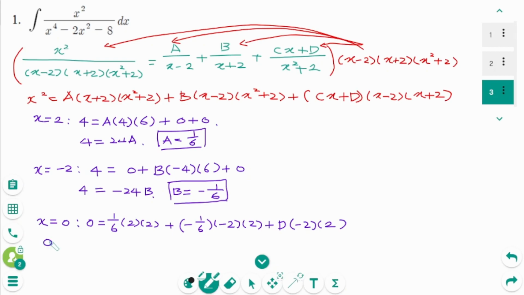Then 0 equals 2 over 3, make positive, plus 2 over 3, then minus 4d. Then move minus 4d to the left. 4d equals 4 over 3. That means d equals 1 over 3.